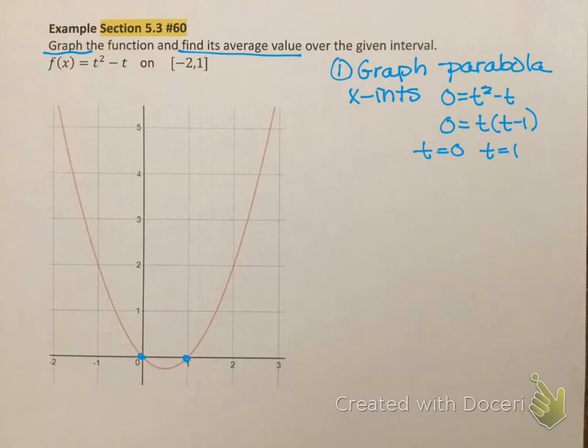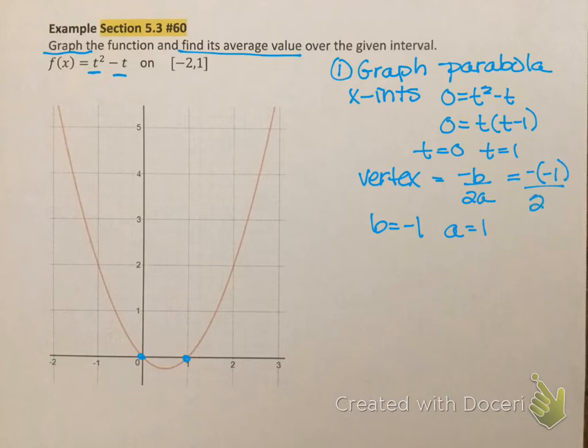Second, let's try to find the vertex of this parabola. Do you remember that that's negative b over 2a? And b is negative 1, and a is 1. Here's b, the coefficient in front of the t. Here's a, the coefficient in front of the t squared. So my vertex would be the opposite of negative 1 over 2 times 1, or 1/2.